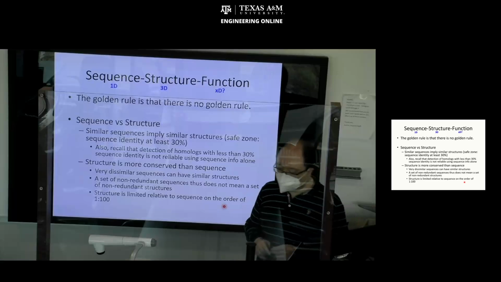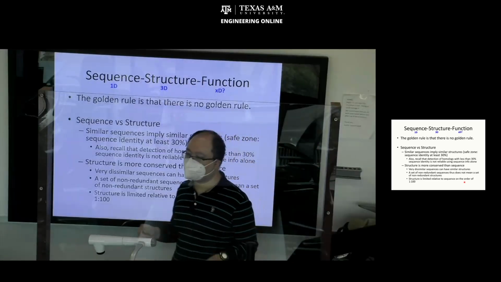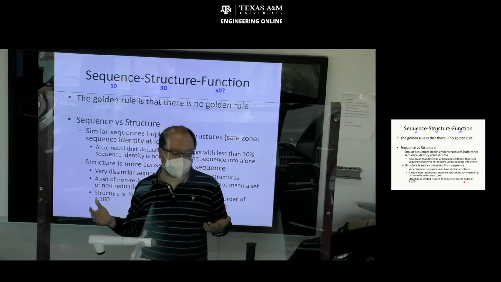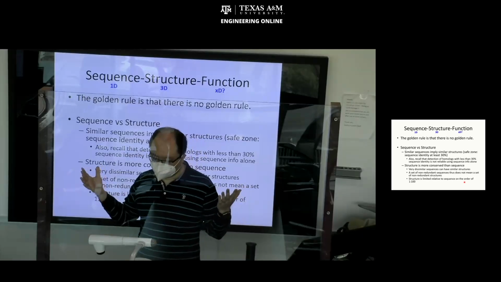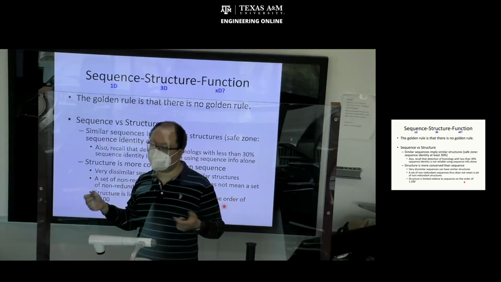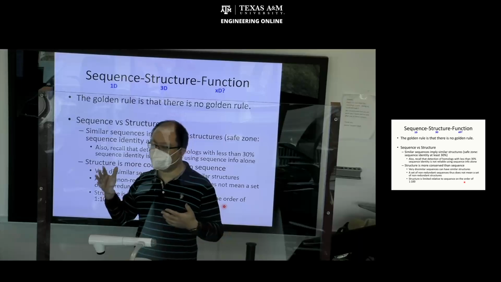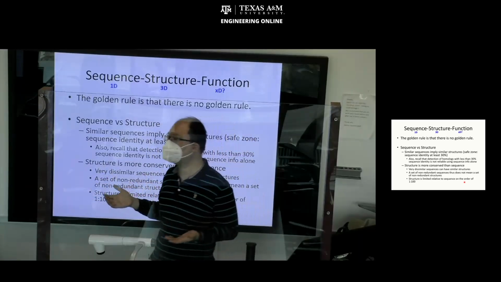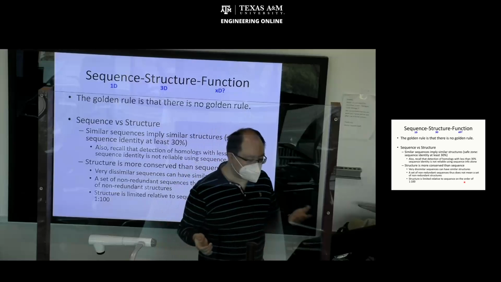Like what we did before, we looked at the sequence-structure relationship and ended up knowing that there are some heuristic rules. Then we can look at the 30% as a cutoff and figure out whether we are in the safe zone or not, right? Here I'm going to do something similar.